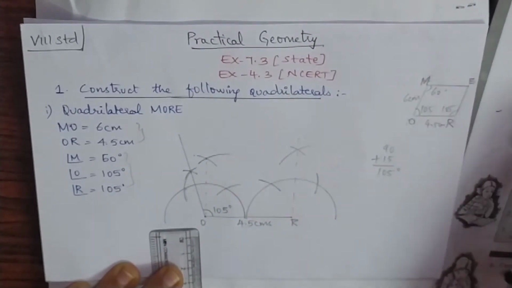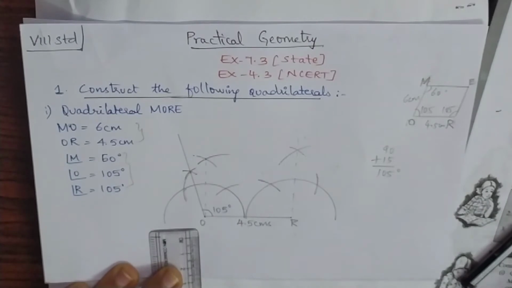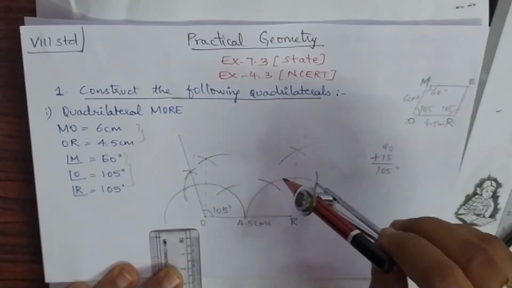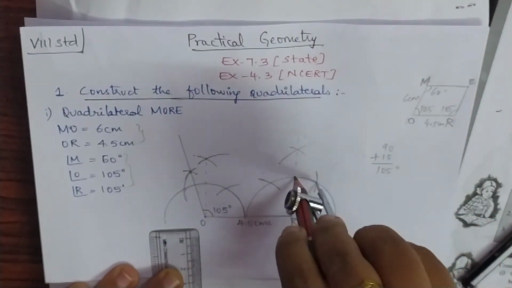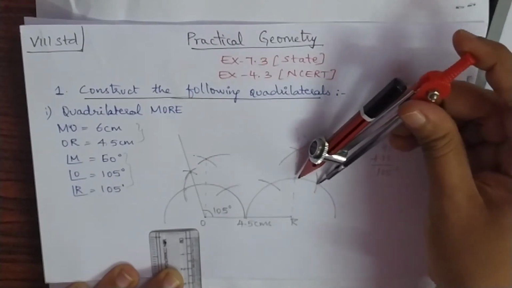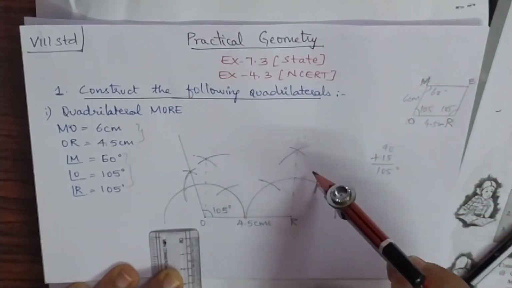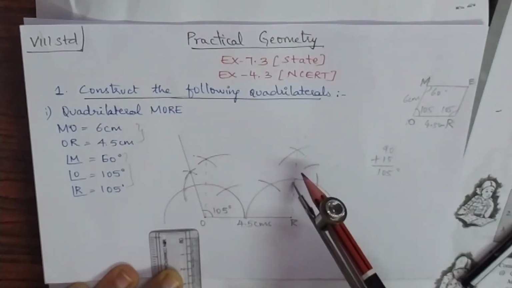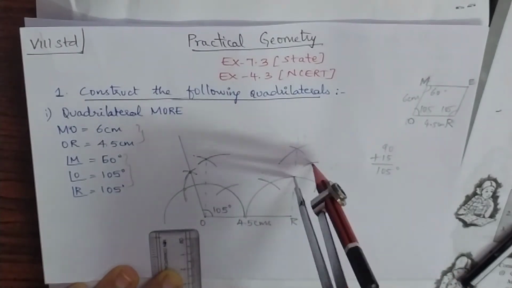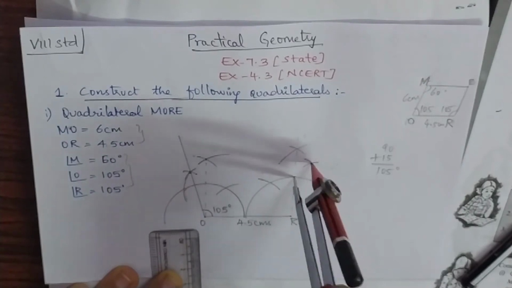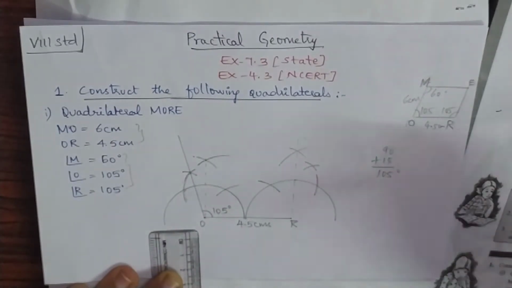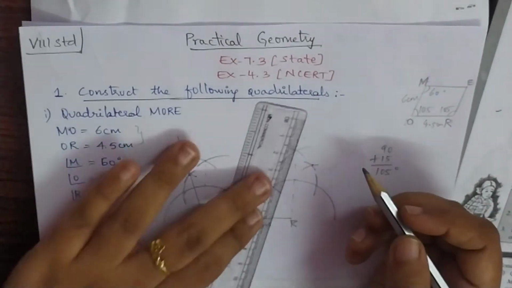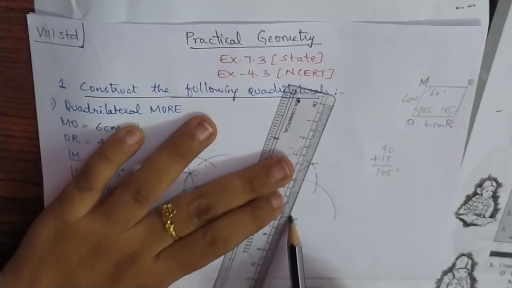So what I am going to do, the same thing what I did here, I am going to measure the distance from here to here. Draw an arc from this point and another arc from this point, the 90 point. And whatever you get as center, this is your 105 degree.